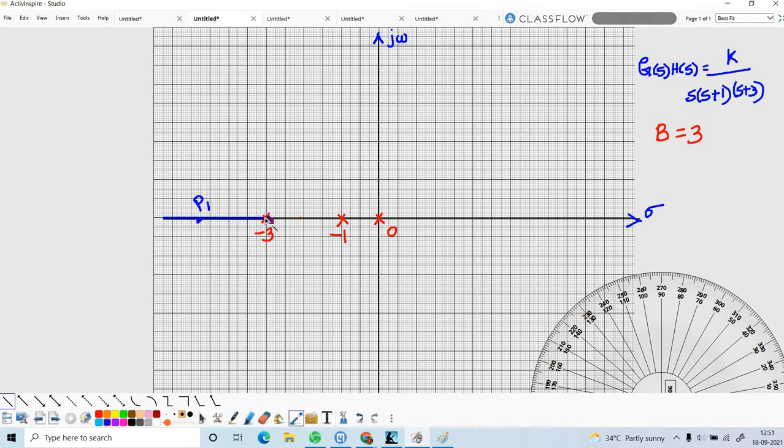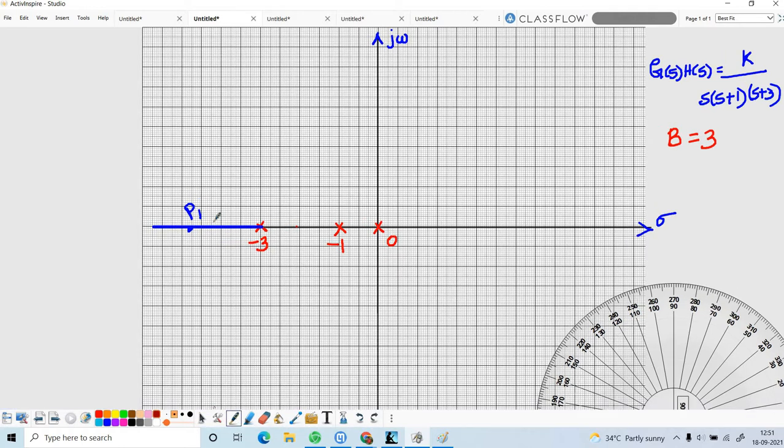So root locus starts from the point -3 and ends at K equal to infinity.